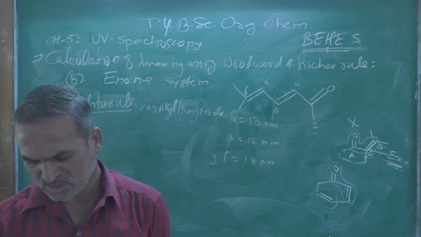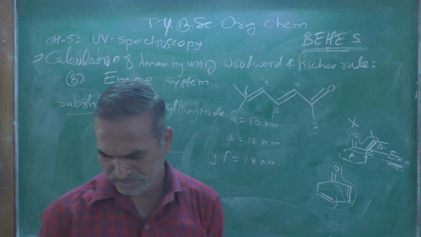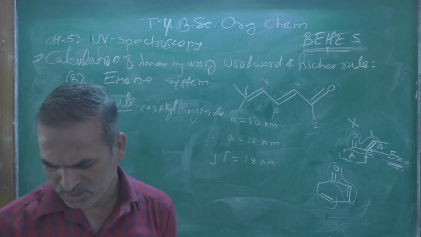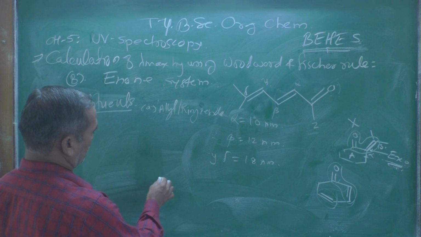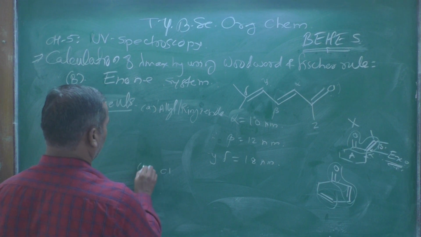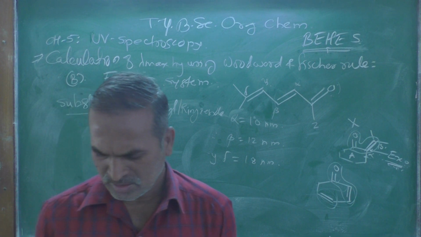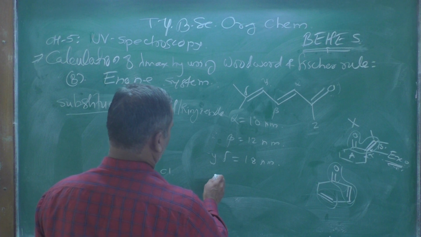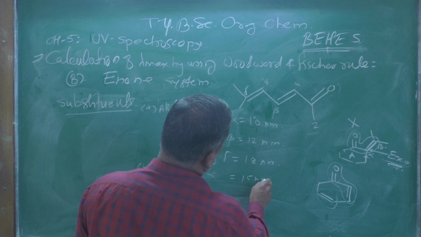Now suppose we have a chlorine group: alpha position 15 nanometer, beta position 12 nanometer. If a chlorine group is present at the alpha position, you should add 15 nanometer to it.